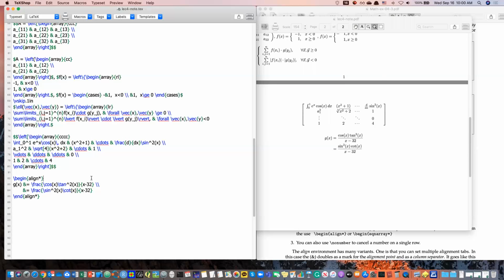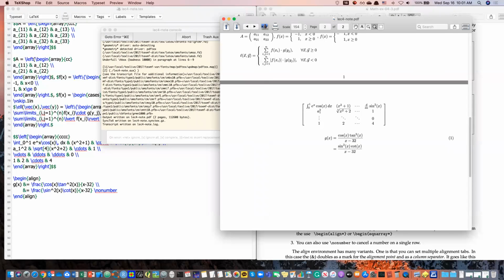But if you want to remove the equation number in just some line, for example, I want to assign the equation number to the first line, but I don't want an equation number in the second line, then we put this here, no number. So just type no number at the end of the line where you don't want an equation number. Okay.